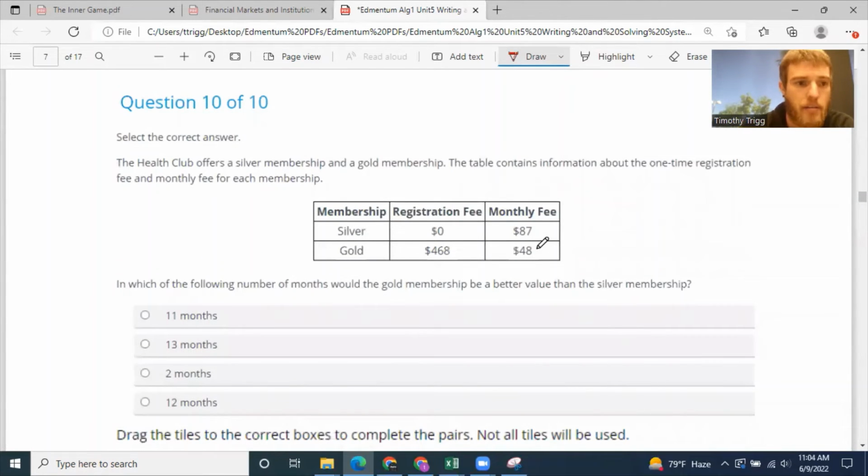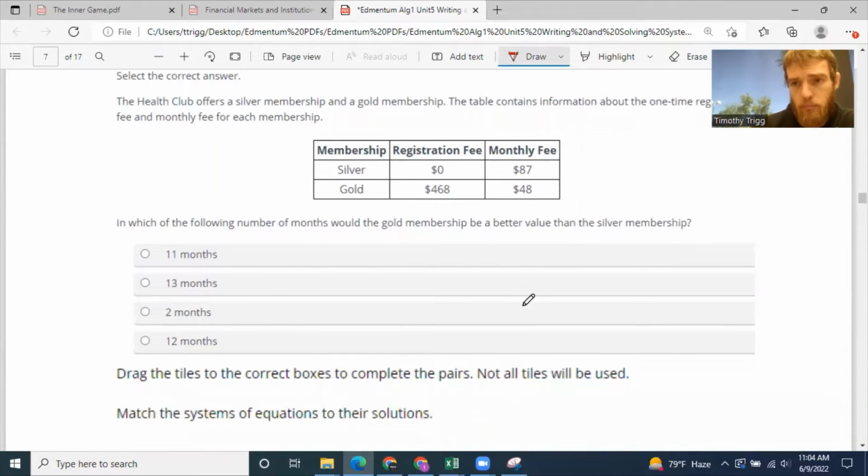Last question on the practice. The health club offers a silver membership and a gold membership. The table contains information about the one-time registration fee and monthly fee for each membership. Okay, so going to this information here, the silver membership has a 0, you don't have to pay any registration, right? 0 registration fee, but it still has a monthly fee of $87.